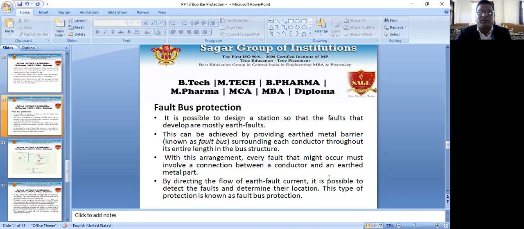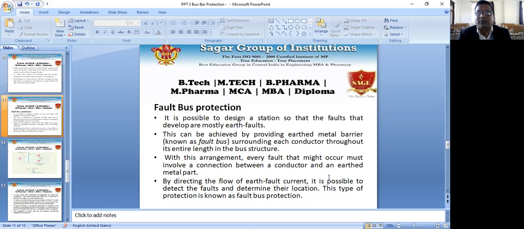Fault bus protection: it is possible to design a station so that the faults that develop are mostly earth faults. This can be achieved by providing an earthed metal barrier, known as the fault bus, surrounding each conductor throughout the entire length of the bus structure.